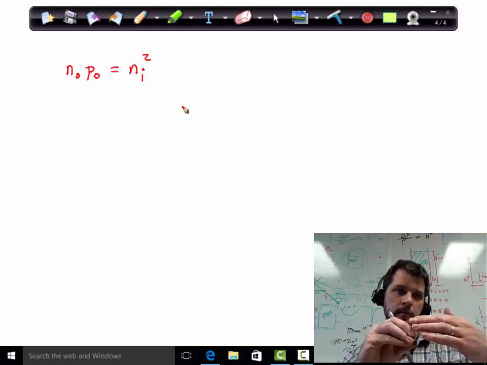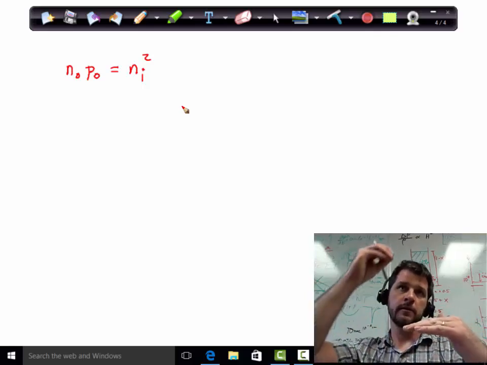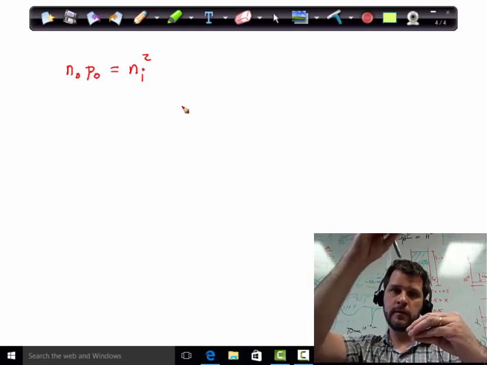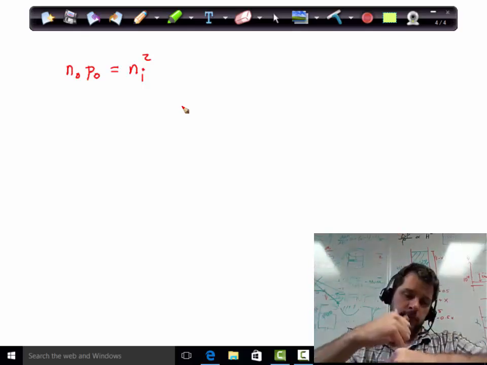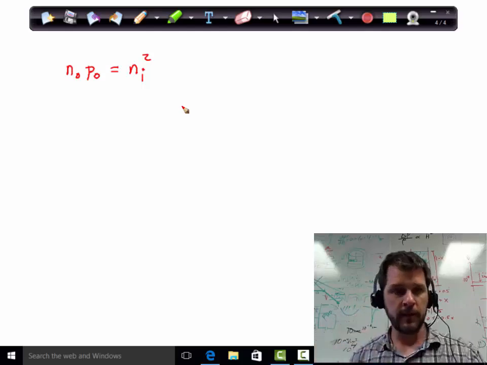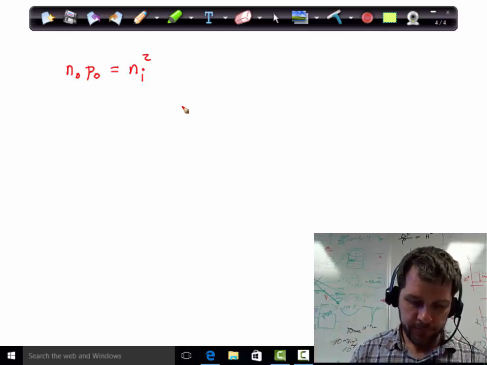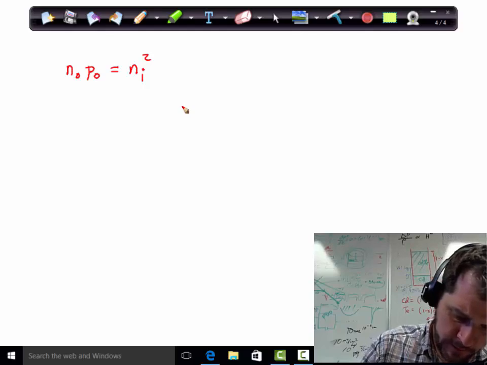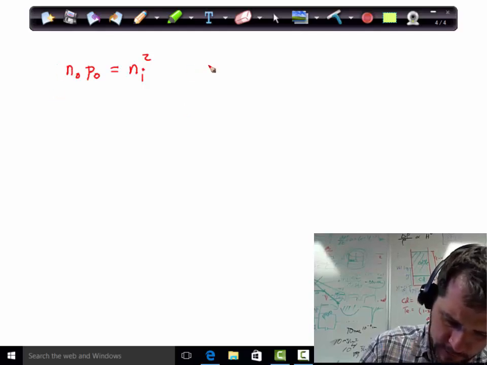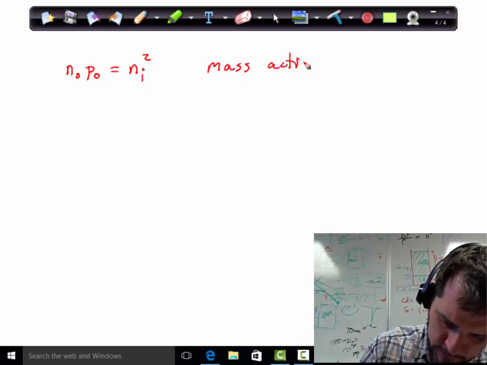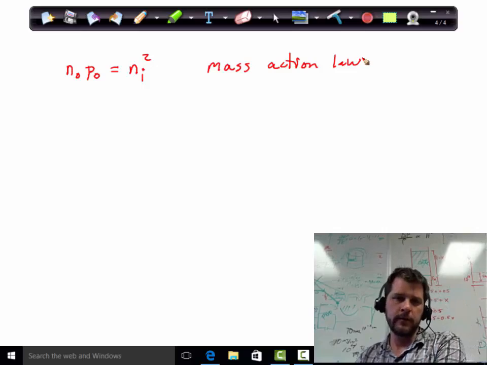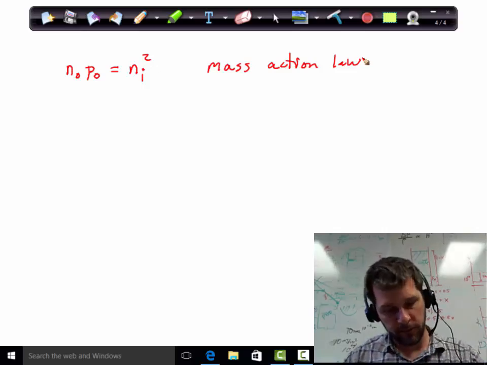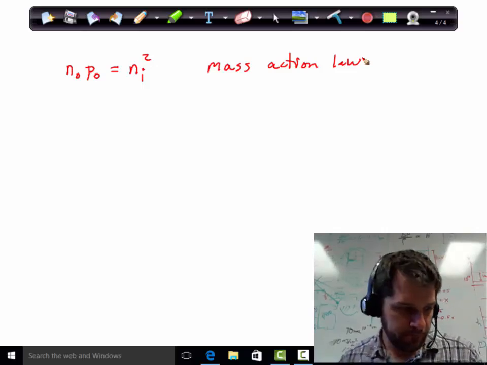So the thermal energy is always picking up electrons and moving them across the band gap, putting them in the conduction band, but the collisions between electrons and holes, resulting in annihilation, are going at another rate. And this Ni squared is an expression of this rate. So this is called the mass action law, and it is definitely related to thermochemistry if you've studied physical chemistry.